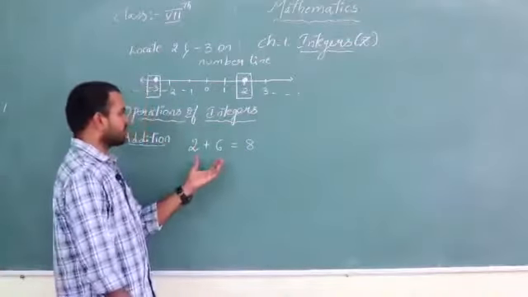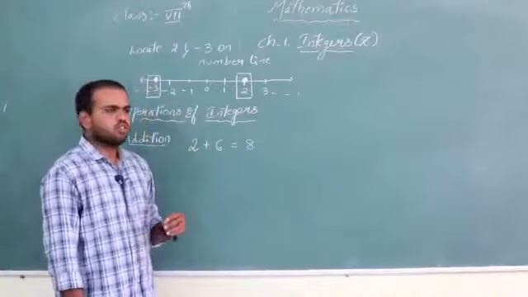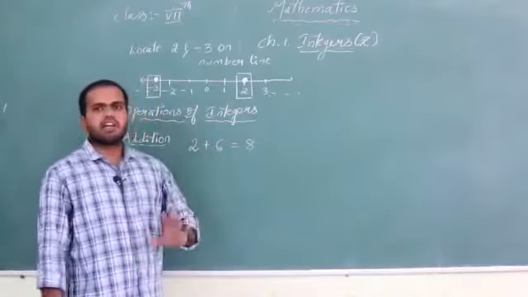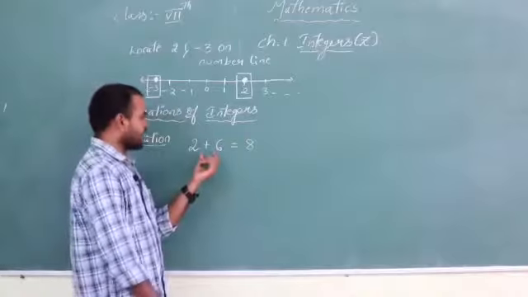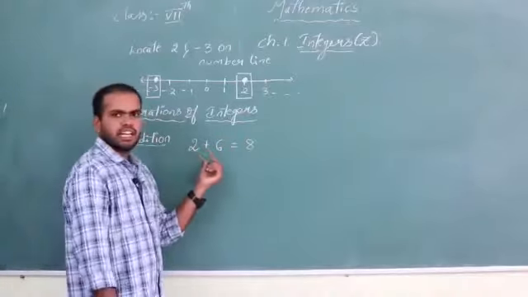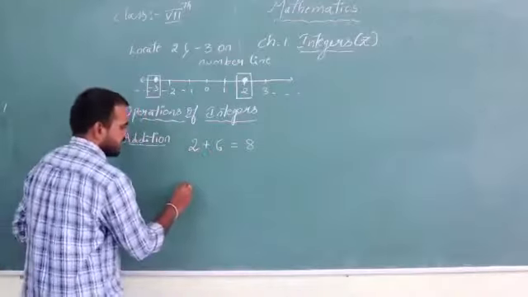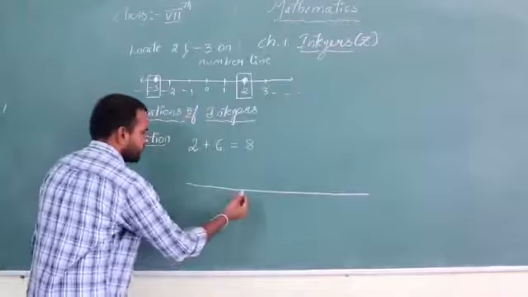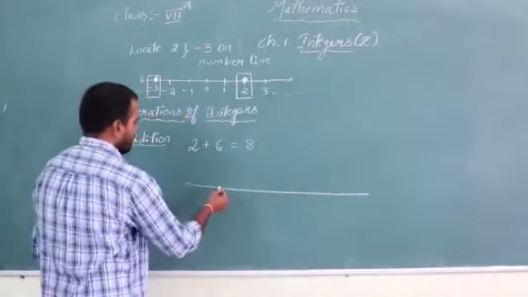Now how to represent this? In the exam, if they ask to add on the number line, we have to add the numbers on the number line. So how to add on the number line? Let's take a number line first and mark all the numbers.